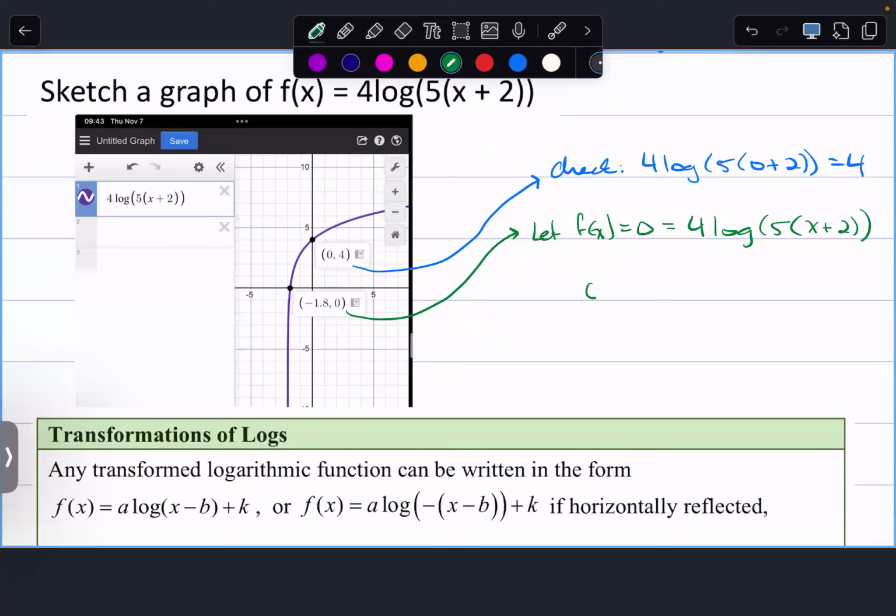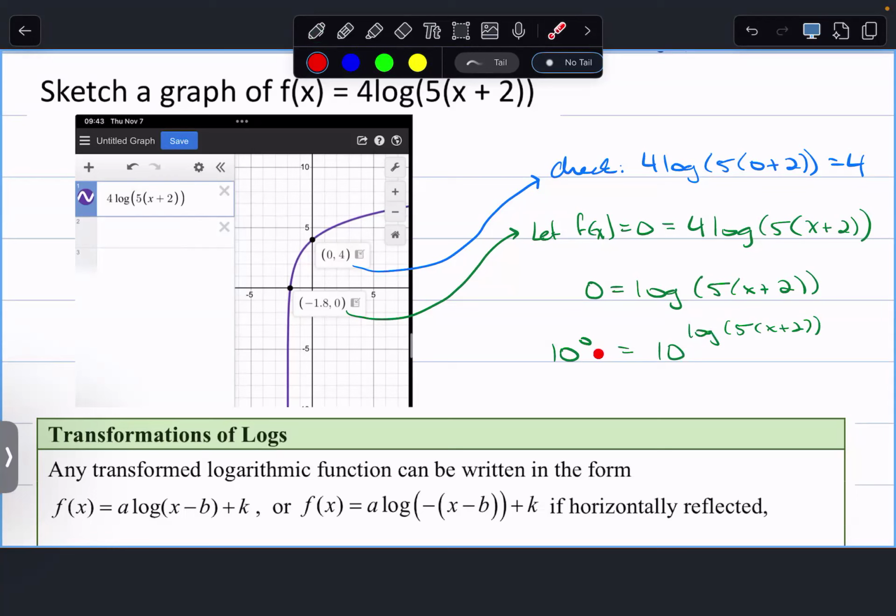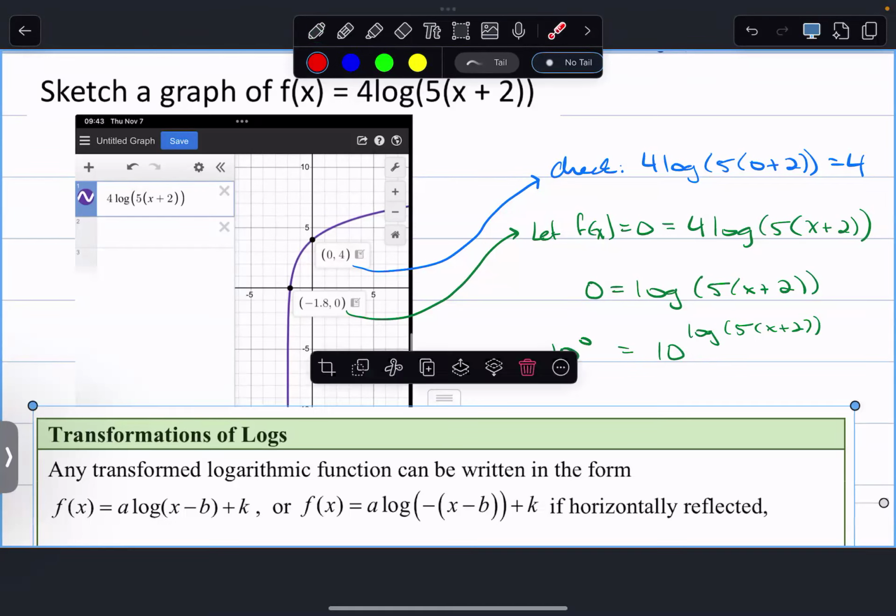And so 0 is the log of 5 times x plus 2. Log base 10 means I have 10 to the power of 0 is 10 to the log of 5 times x plus 2. As you get more comfortable, you don't need to write this step. As long as you write 10 to the power of 0 here, you're allowed to just drop down the 5 times x plus 2, because that was the goal of taking 10 to the power of something here.